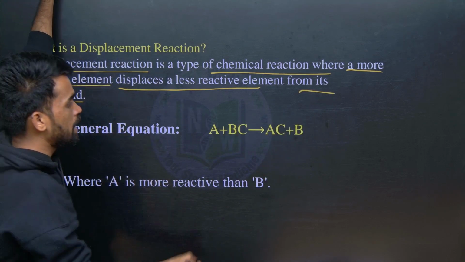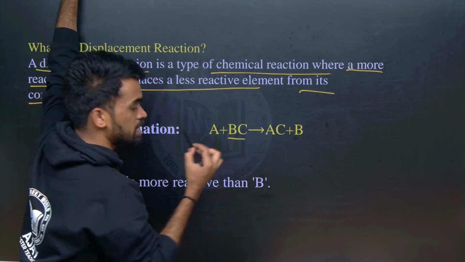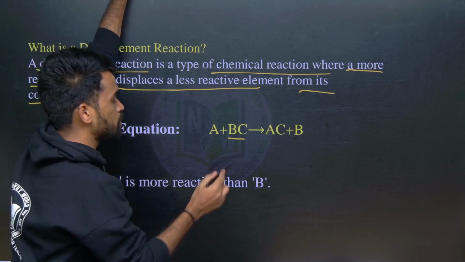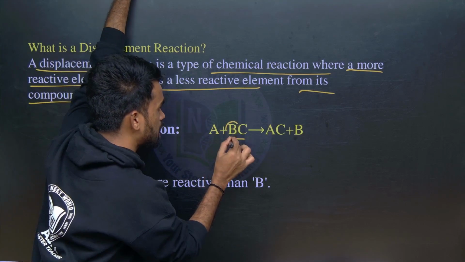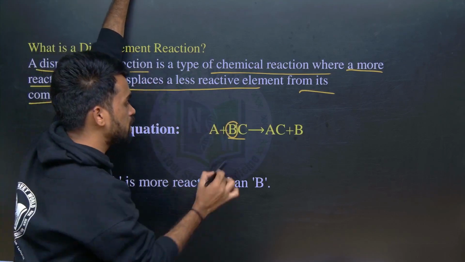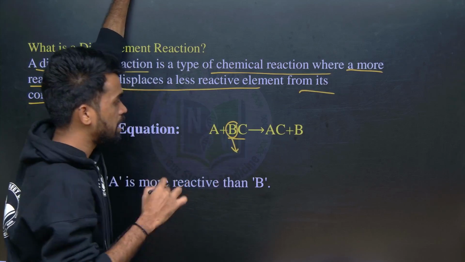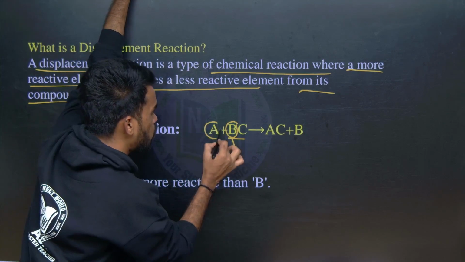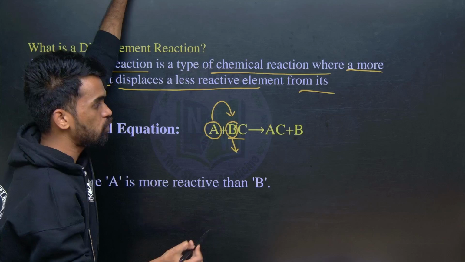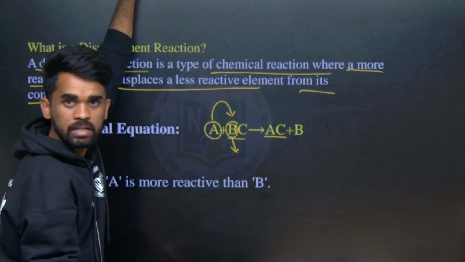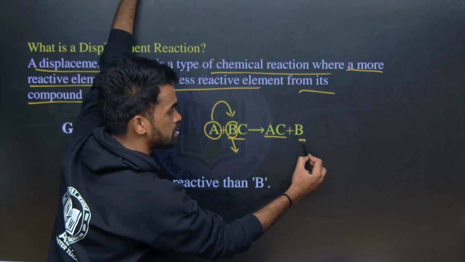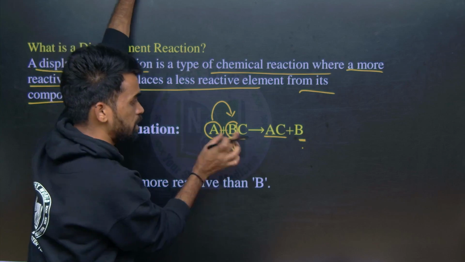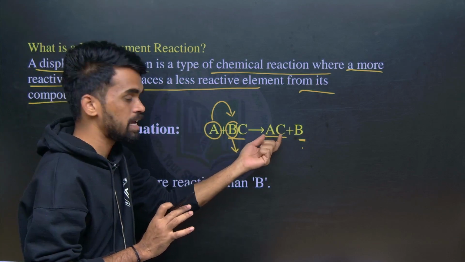For example, BC is a compound, let us consider. Let us say B is the less reactive element. Now this less reactive element is displaced by the more reactive element A. Therefore we get AC as a product, and B is displaced out from BC.